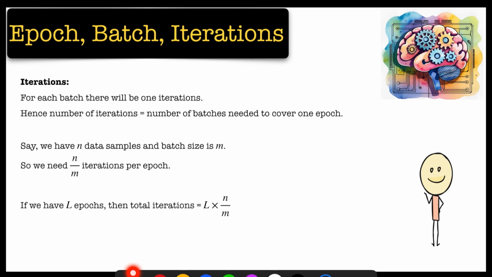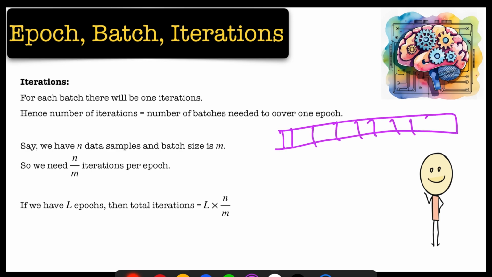Now iterations. So let's see a few more things. For each batch there will be one iteration, right? Hence the number of iterations means the number of batches needed to cover one epoch. Let's say you have n data samples, and your batch size is m. Let's say your batch size is 3 here.